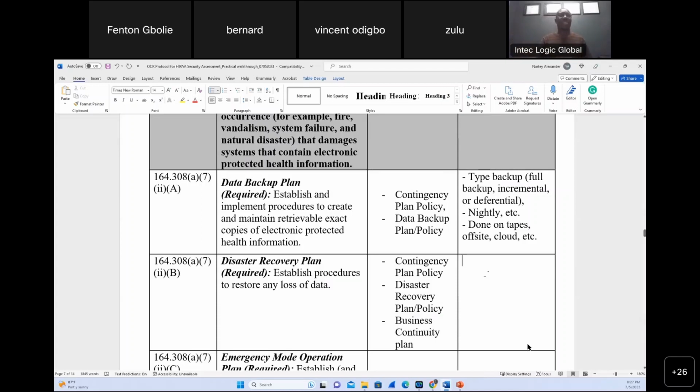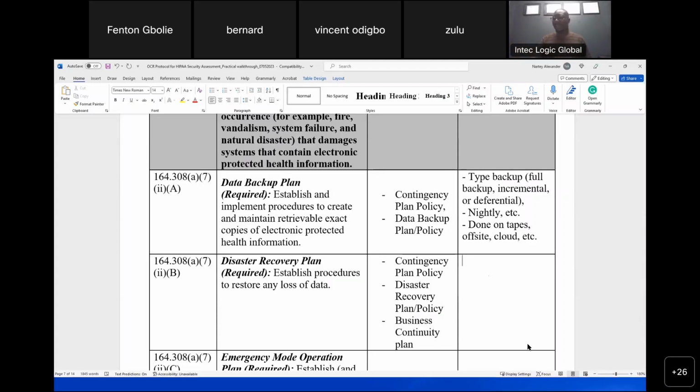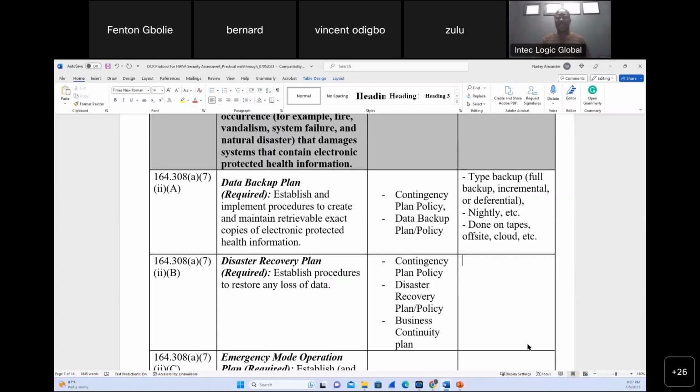So what do we want to see here? It's not different from contingency. Yeah, John. I believe anytime there is a disaster, there should be a call log or a call center to fall on, for a quick response.